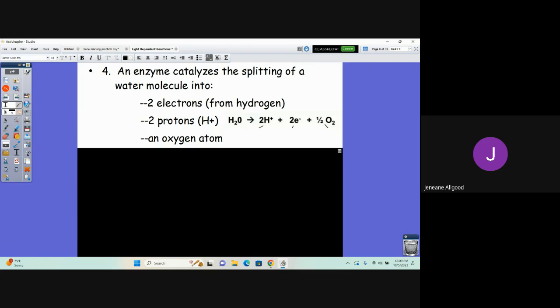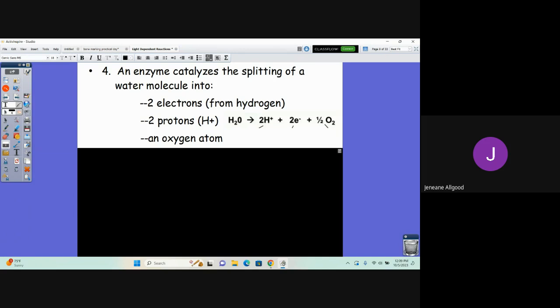All right, so it says an enzyme catalyzes the splitting of a water molecule into 2 electrons from hydrogen, 2 protons, H pluses, and an oxygen atom. So the water gets split to form 2 hydrogen protons, 2 hydrogen electrons, and 1/2 O2.